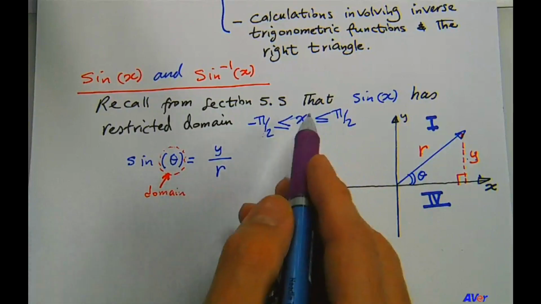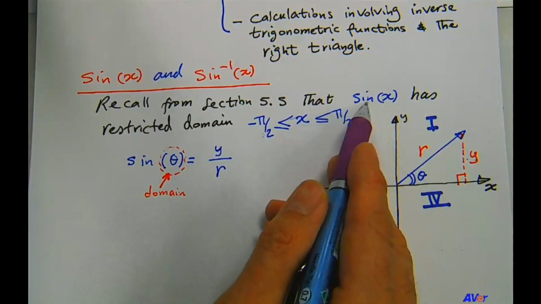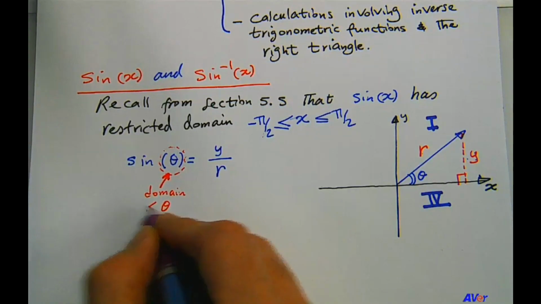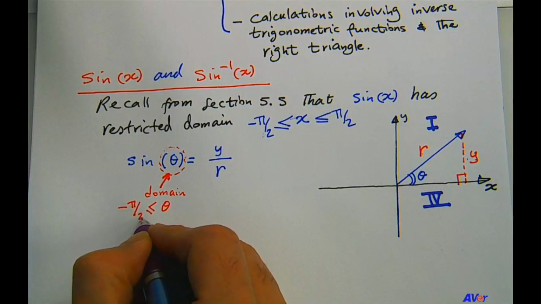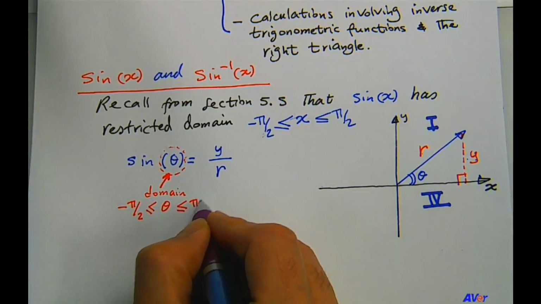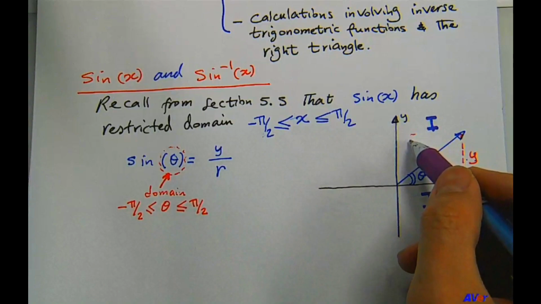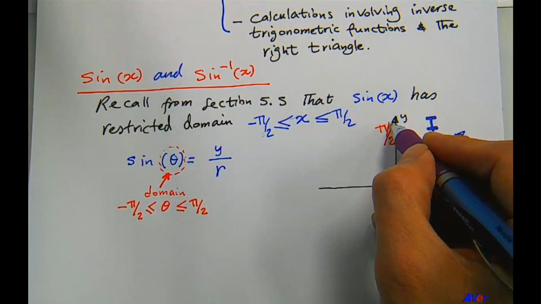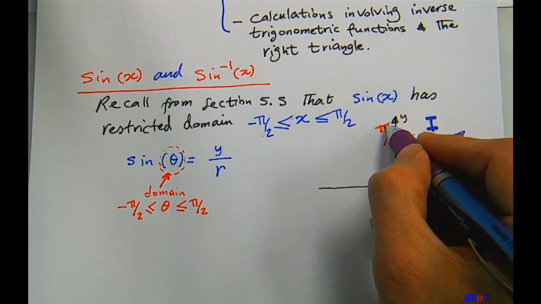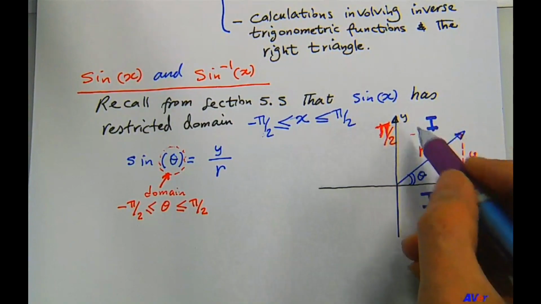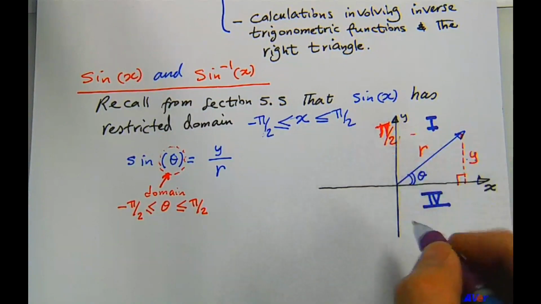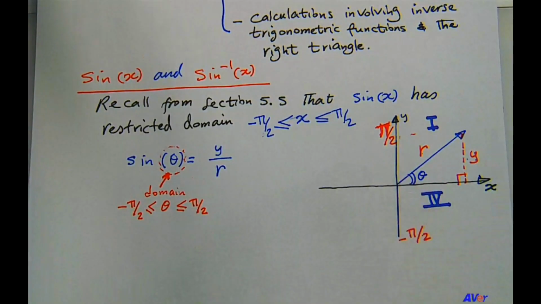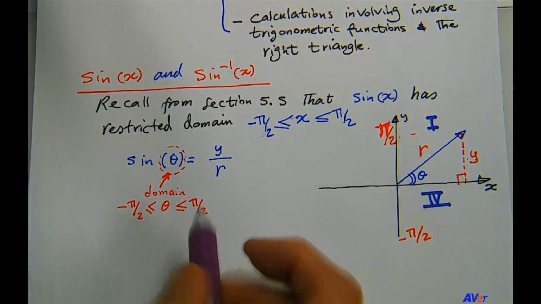It was x up there because we had sine of x. Now we're using theta, so I'm going to say theta has to be restricted from negative pi over 2 to pi over 2. In our picture here, that would mean from pi over 2, which is the positive y-axis, to negative pi over 2, which is the negative side of the y-axis.